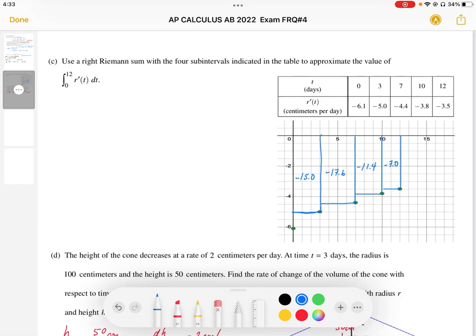And then I can approximate this right Riemann sum as the area. It's going to be negative 15.0 plus negative 17.6 plus negative 11.4 plus negative 7.0.